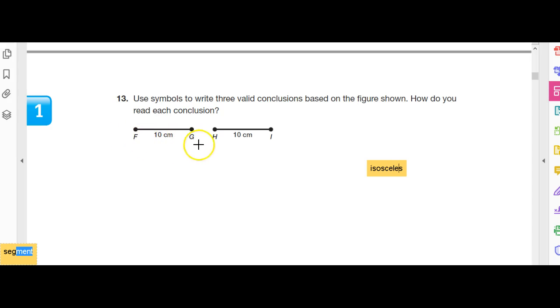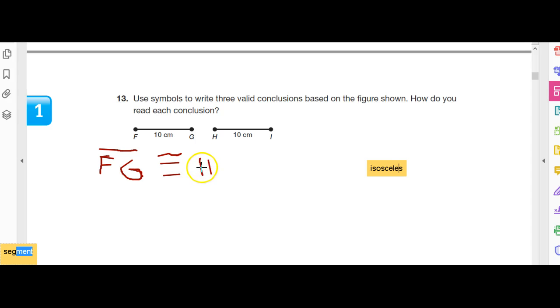I see that segment FG has a length of 10 centimeters and segment HI has a length of 10 centimeters. So that tells me that their properties or lengths are the same, and that means I can say that the segment FG, and I draw a line over it like this, is congruent to segment HI.